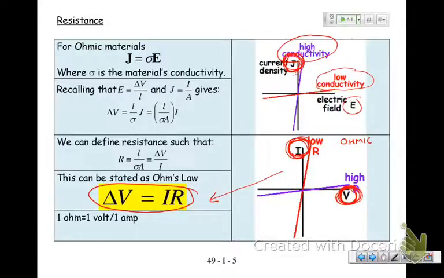But this expression has Y being delta V and I being on the X. So in reality, the slope is 1 over the resistance, yeah? So the slope is 1 over the resistance for this graph. Ohm's law.